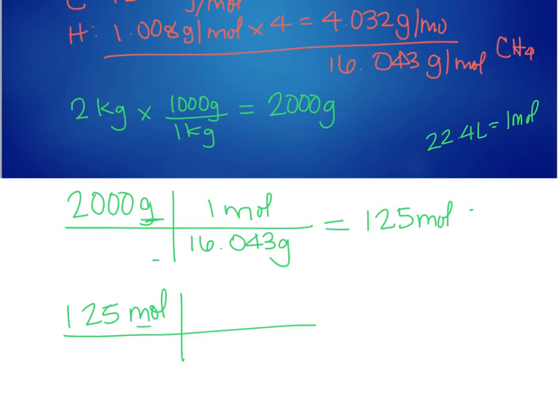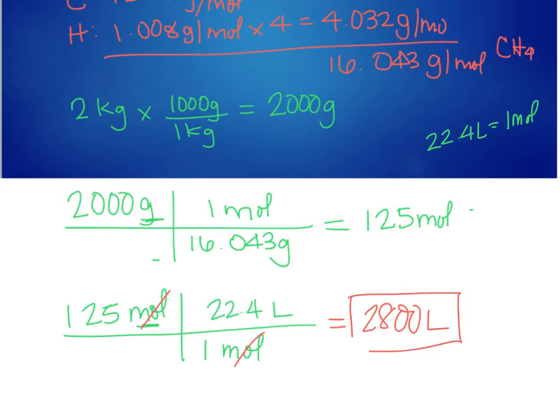So again, I want my moles to cancel, which means my 1 mole is going to go on the bottom, and my 22.4 liters is going to go on the top. So by doing this now, my moles are going to cancel, and I have 125 times 22.4, which is 2,800 liters.